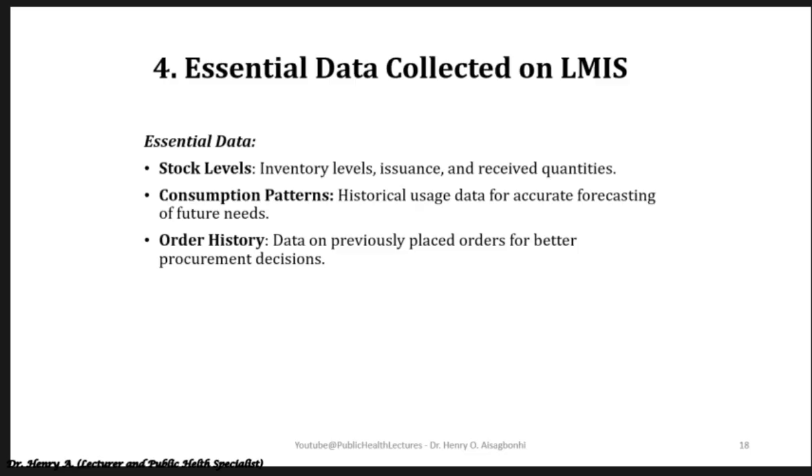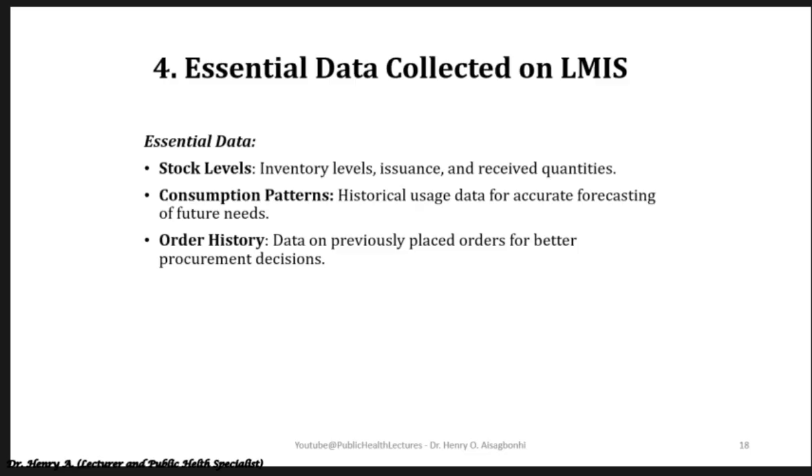The second aspect, consumption pattern. Remember, we are looking at the essential data that are collected on the LMS. Consumption pattern. This tells us how fast commodities are being used based on maybe daily, weekly, or monthly consumption. And it helps us in forecasting future needs accurately.